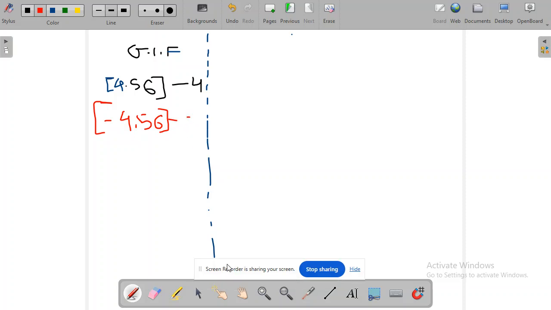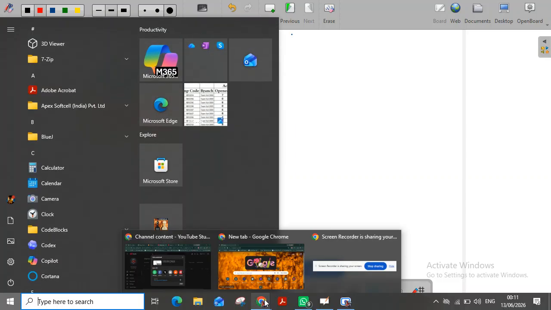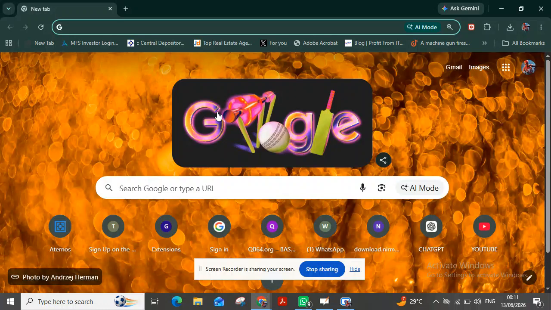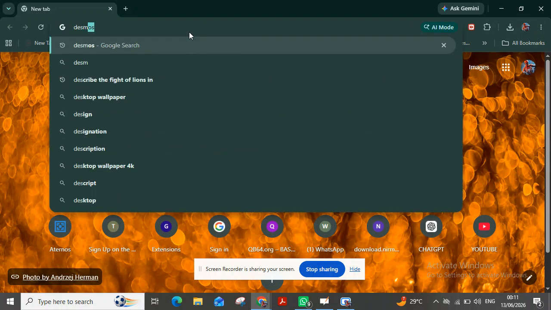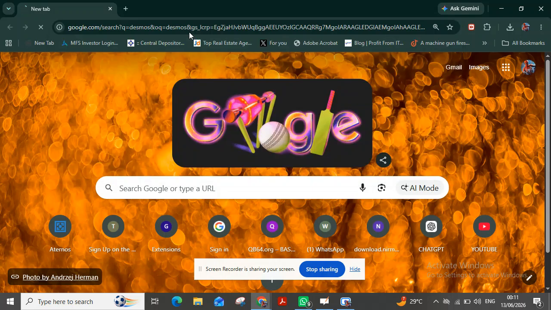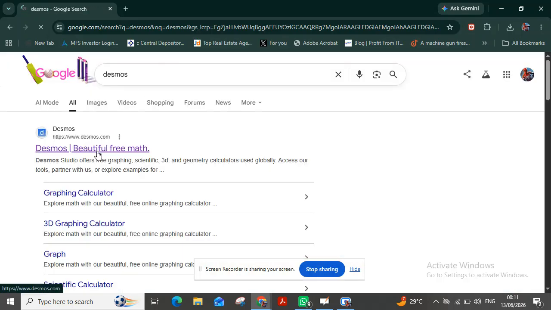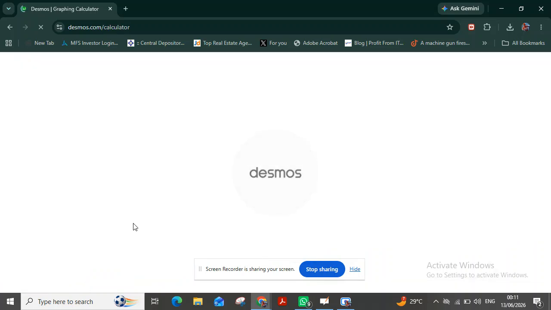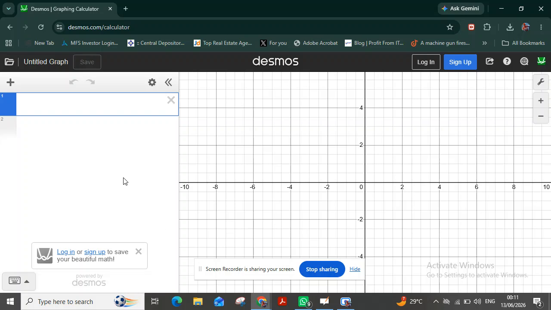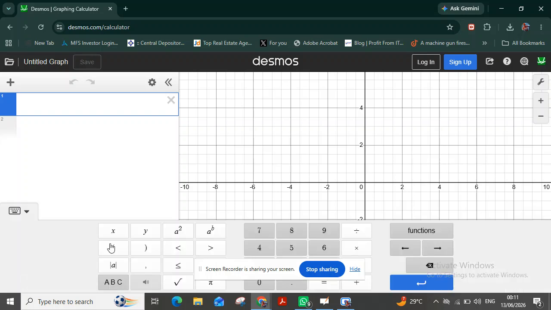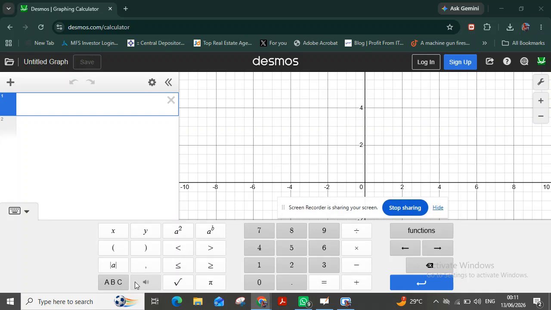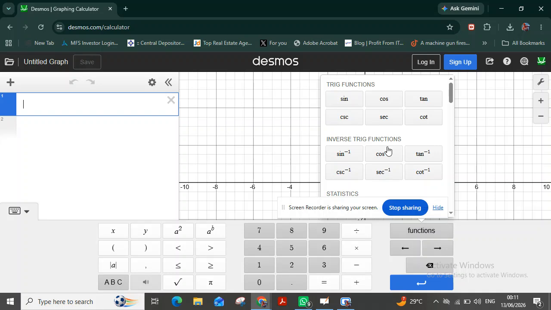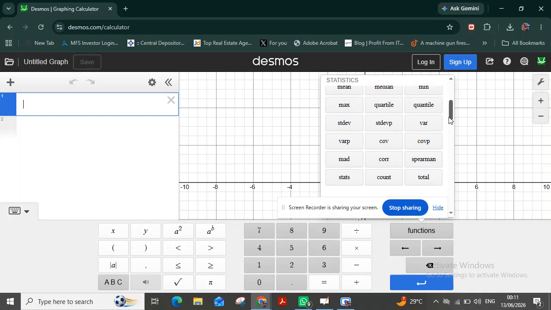So why is it? Let us understand it via the graph. I'm opening Desmos here. Let us understand GIF properly with the help of a graph. It will be beneficial for us. You have to go to functions, then there is a thing called GIF, right?